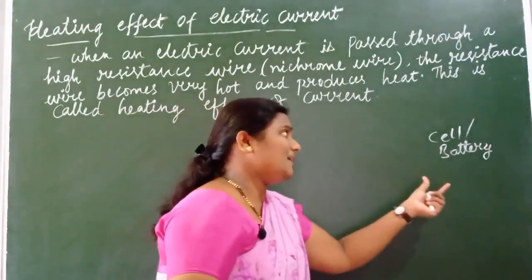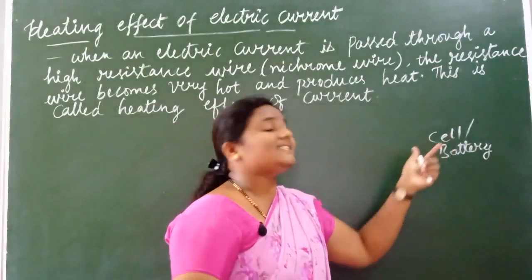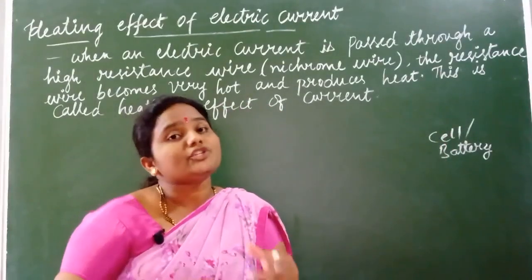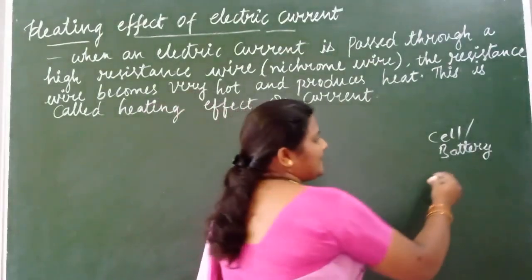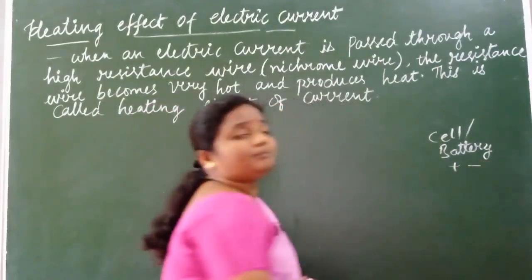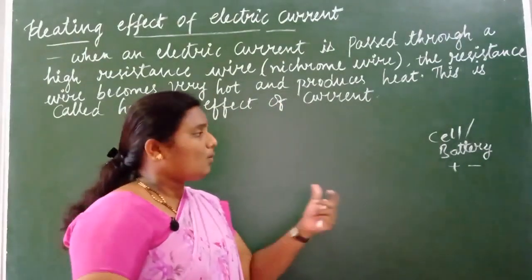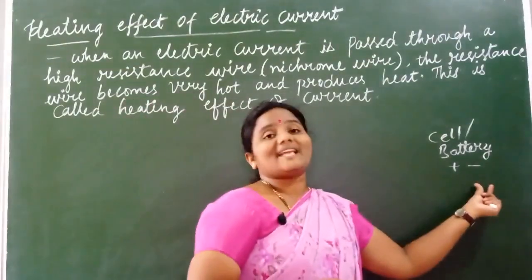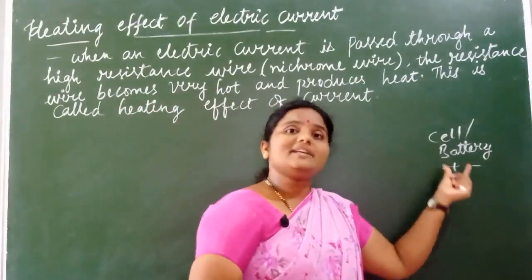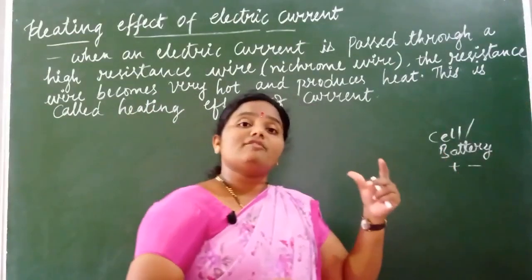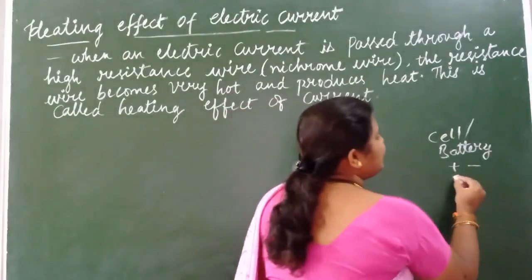The chemical reaction takes place inside the cell. It sets the potential difference between the terminals. When the chemical reaction is taking place inside the cell, the potential difference is achieved at the terminals of the cell. This causes the motion of electrons.